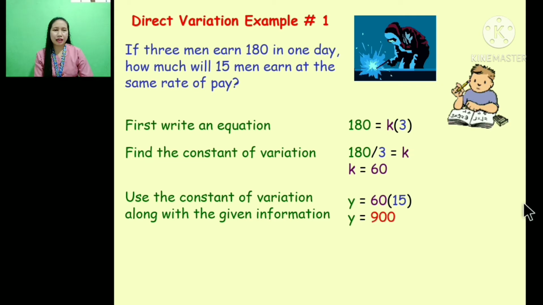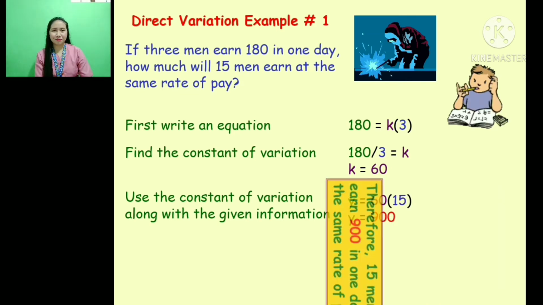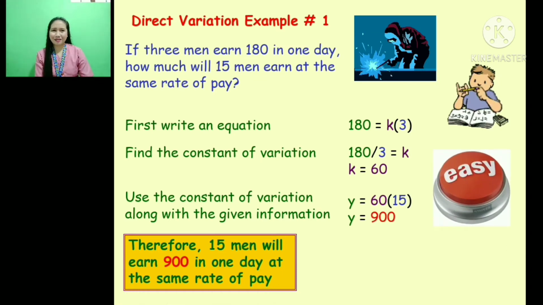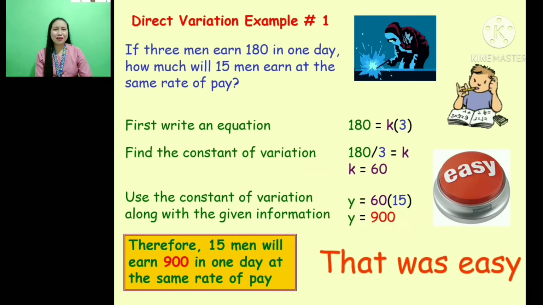So the answer is y is equal to 900. So what will be our conclusion here? Okay, therefore, 15 men will earn 900 pesos in one day at the same rate of pay. So that is easy, right?